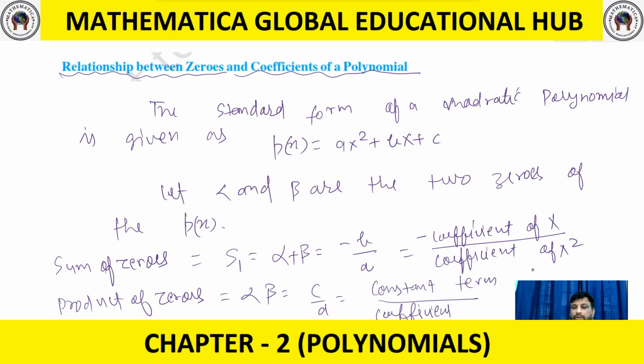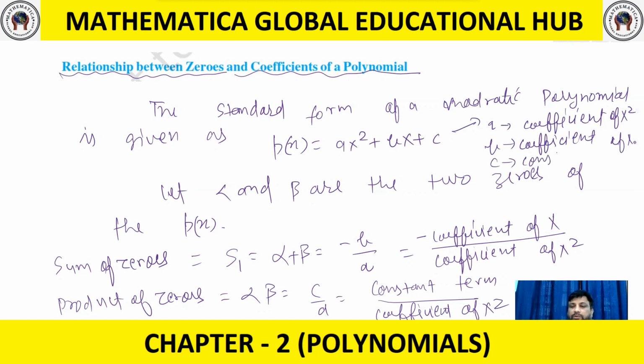Everybody knows, in the quadratic polynomial, a means the coefficient of x square, b means the coefficient of x, and c means the constant term.